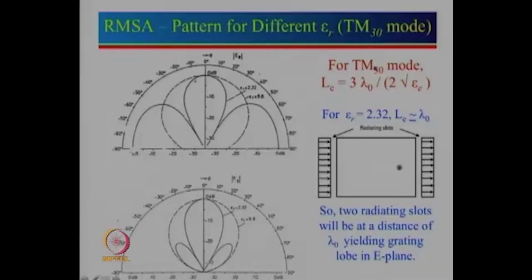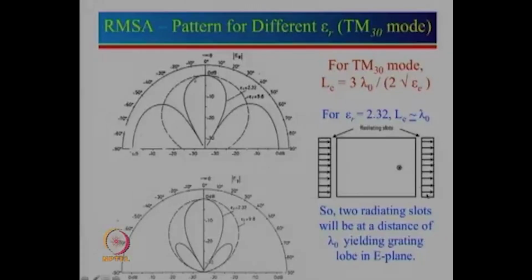So, now for the TM30 mode this is 3 lambda by 2. Now, for epsilon r 2.32, epsilon effective is roughly, as we had seen, about 2.23, and let us say square root of that will be roughly 1.5. So, 1.5 multiplied by 2 will be 3, 3 lambda 0 by 3 will be lambda 0.